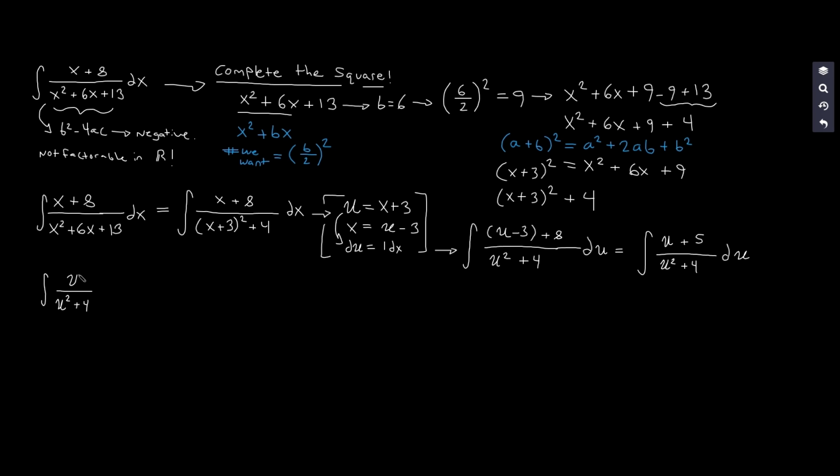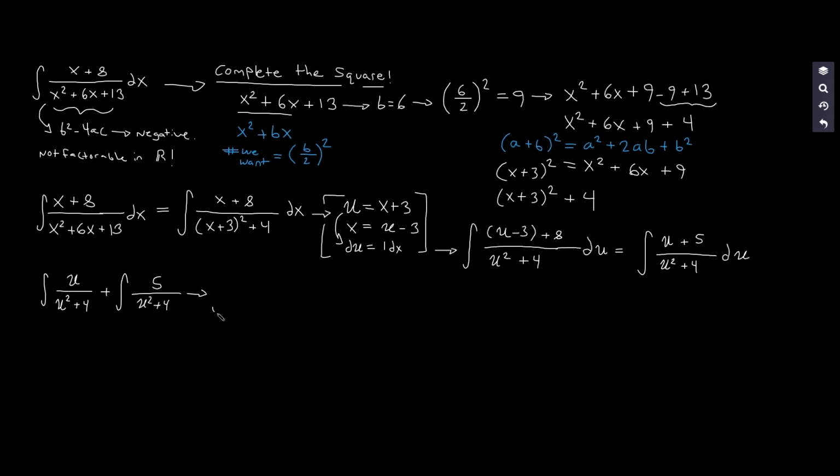So we've got the indefinite integral of u over u squared plus 4, plus the indefinite integral of, well, the denominator is going to stay the same, u squared plus 4, and then up top we'll have a 5. But we can pull that 5 out front.